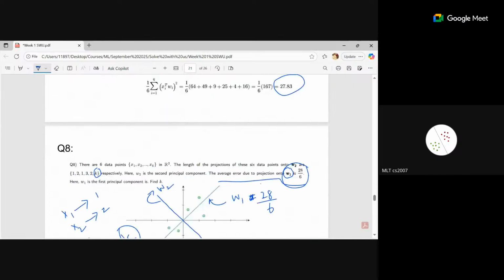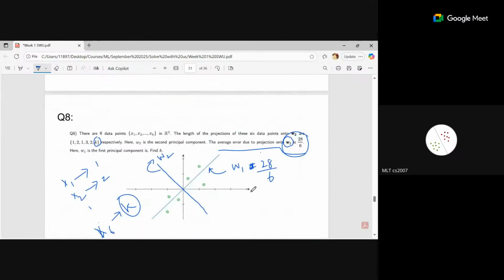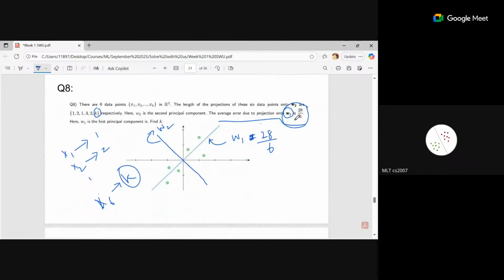Okay, so if the average error due to projection on W1 is 28/6, what can we say from here? We can say that 1 upon n, which is 1 upon 6, sum over xi minus xi transpose w, is going to be 28/6. This is the average error.